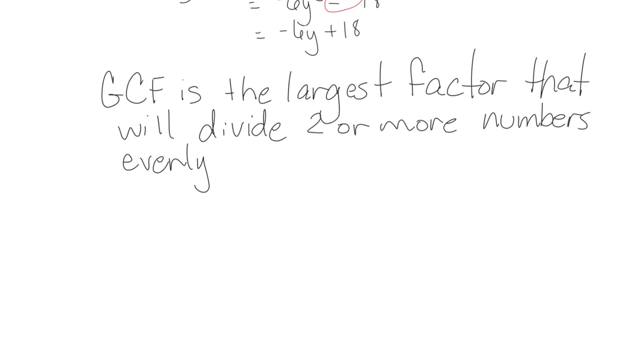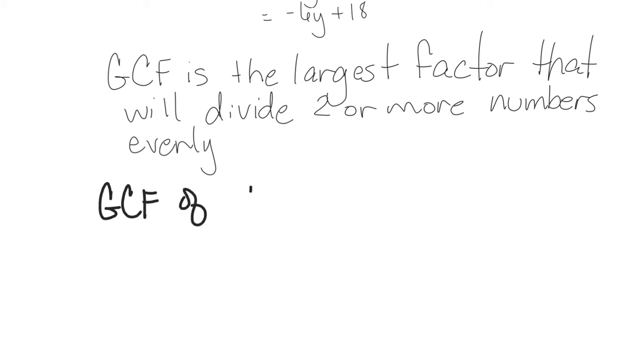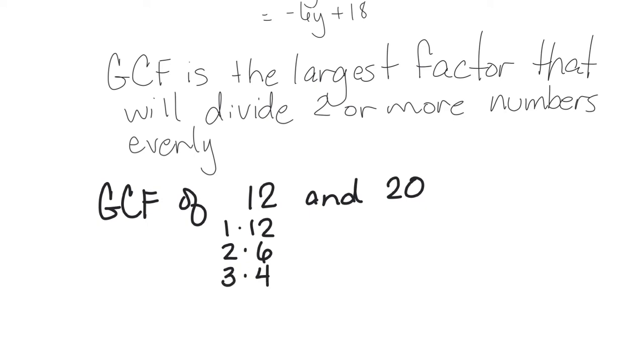Okay, so if I review the GCF and I ask you, what is the GCF of 12 and 20? Okay, what are my factors of 12? What times what gives me 12? 3 times 4, 6 times 2. Okay, I have 1 times 12, 2 times 6, and 3 times 4.